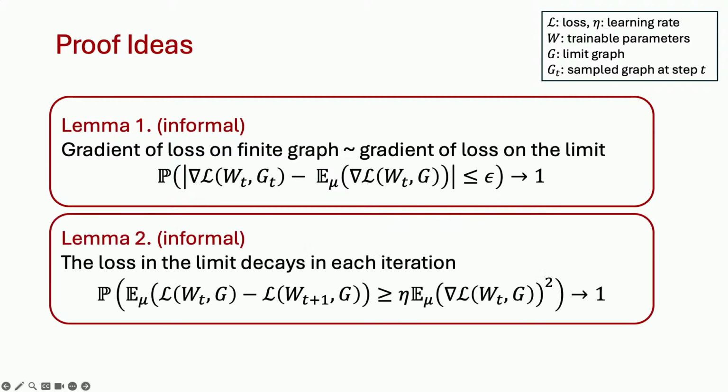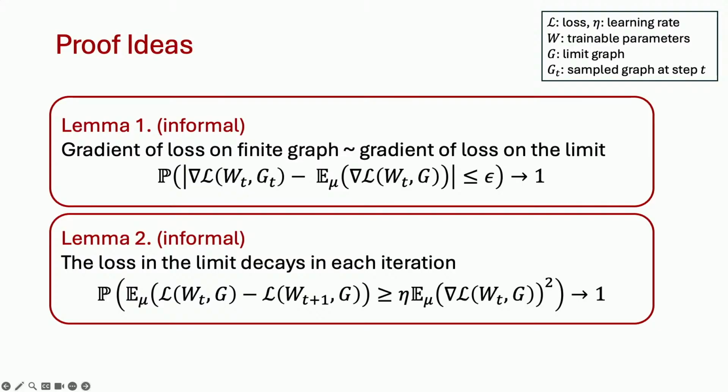The second part of the lemma is that just knowing the gradient is the same is not enough. I also have to prove that the loss on the infinite version of the graph decays as I change my learning rate eta. We show that the expected loss on the infinite graph decreases in each step by at least a constant.